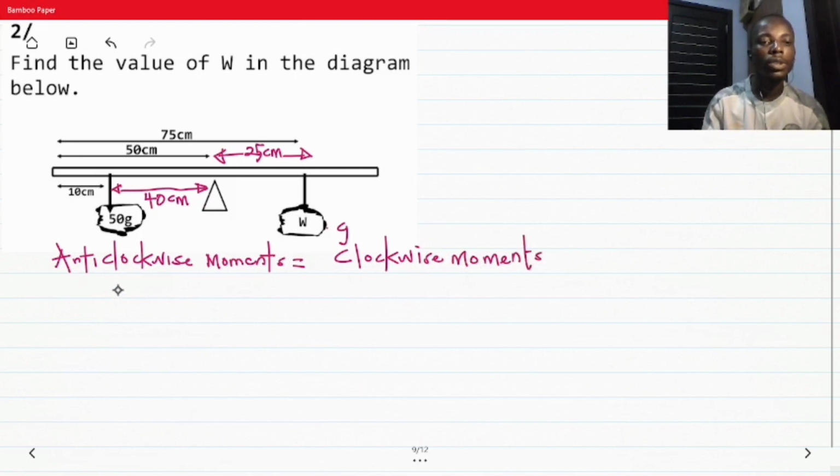So what that means is that this will give a turning effect in the anti-clockwise direction, then this will give a turning effect in the clockwise direction. So we have 50 grams.